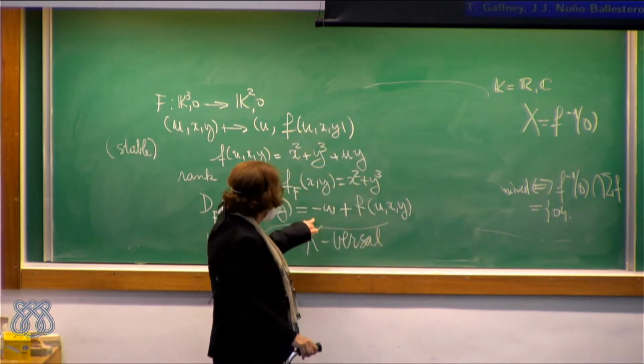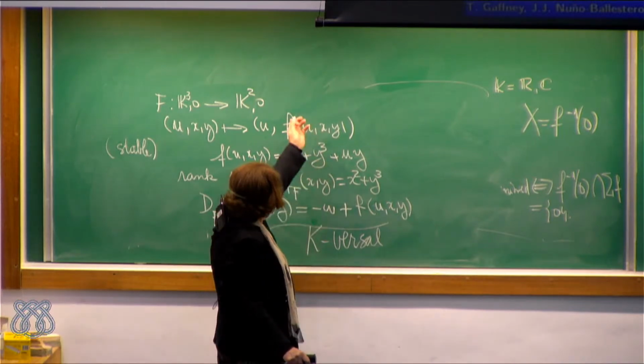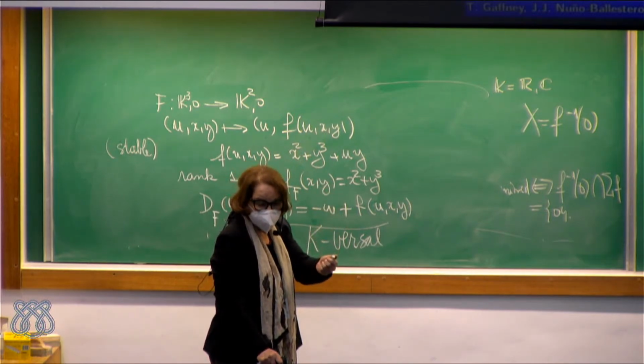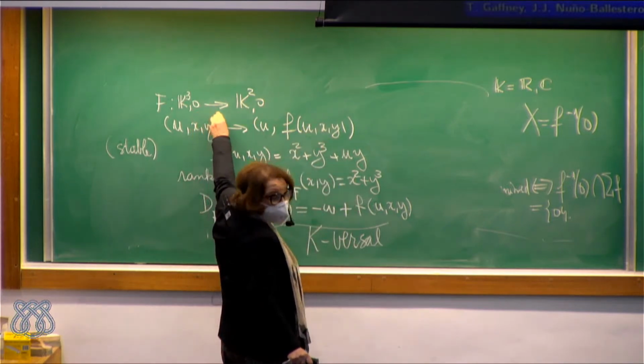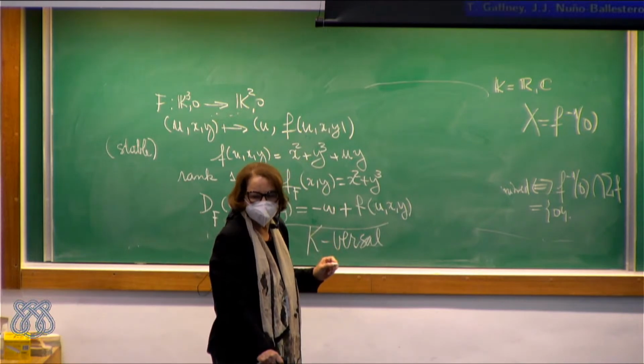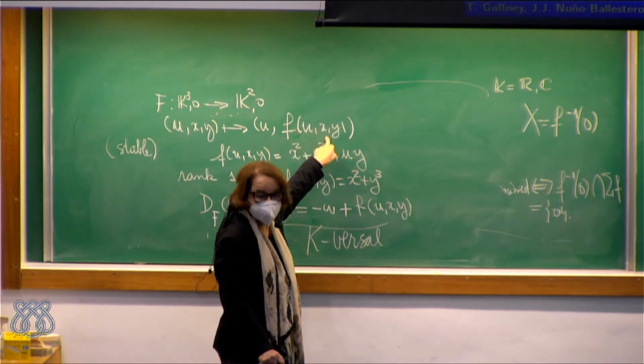This is exactly what you did before. And the main result that we want to discuss now is that the original F is K-stable if and only if the graph deformation of this is K-versal.